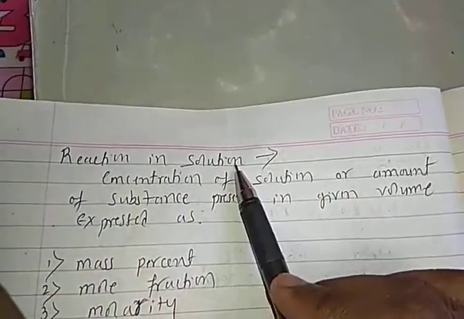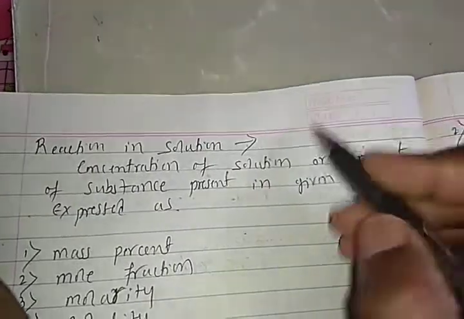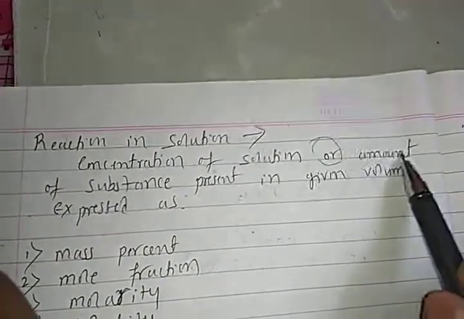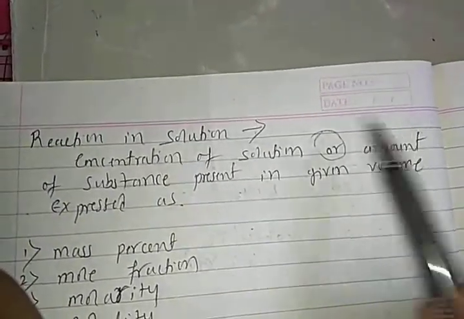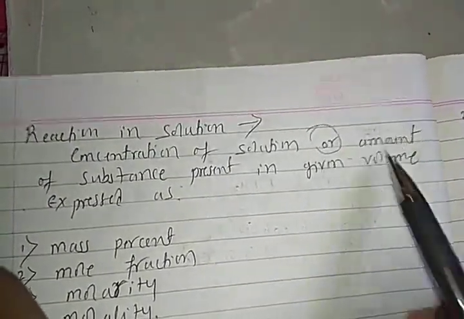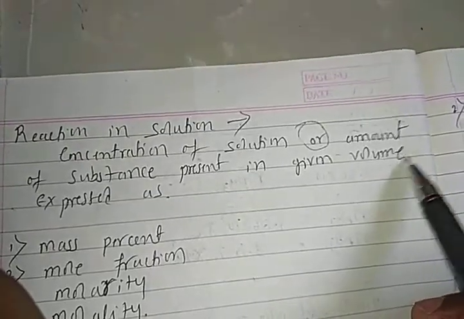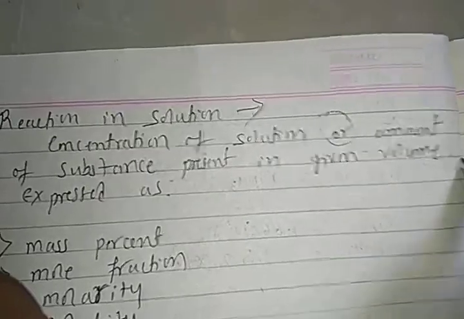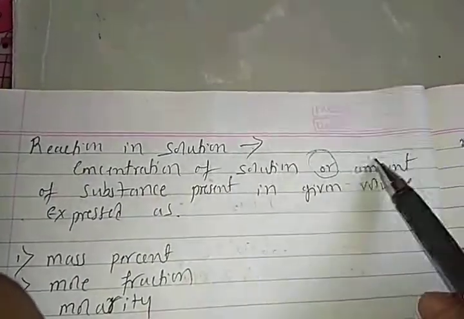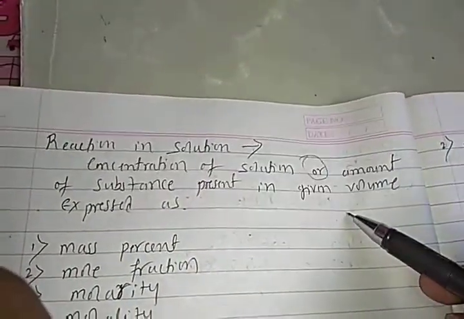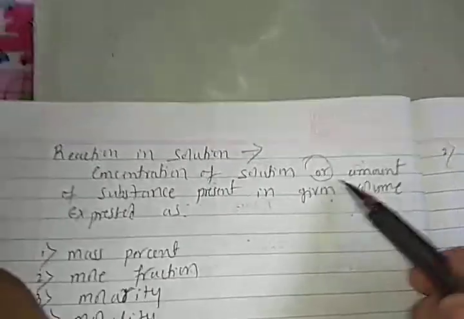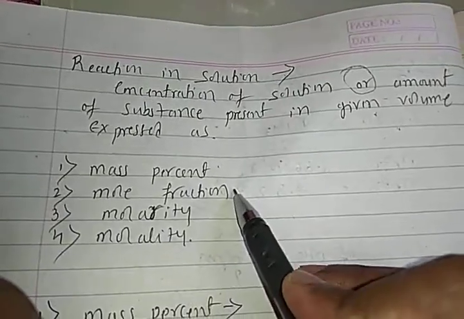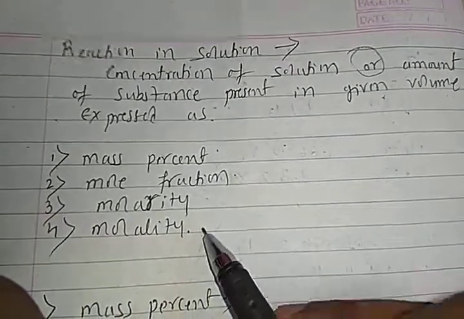Now, reactions in solution. Concentration means the amount of substance present in a volume, volume of the solute, volume of the solvent, volume of the solution, etc. How much amount of substance is present is expressed in four different terms: mass percent, mole fraction, molarity, molality.